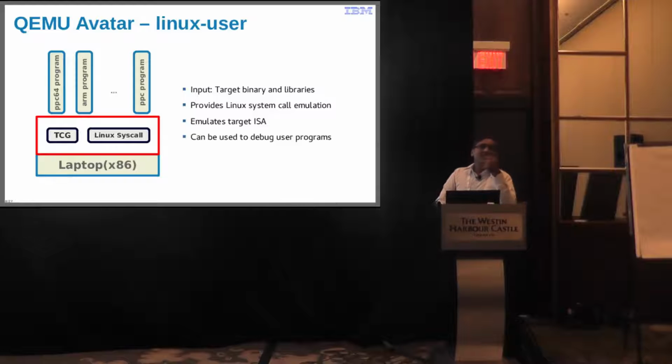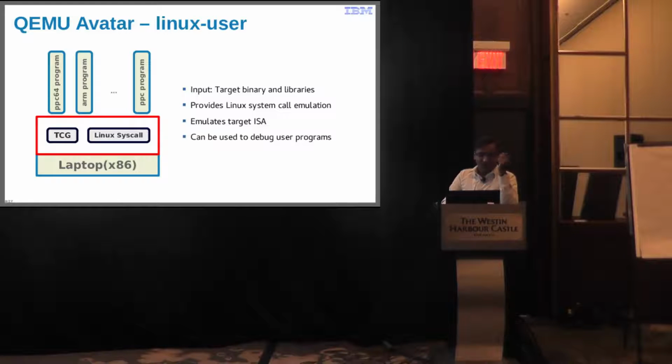What do I input? I input the target binary and the libraries. It provides me the Linux system call emulation, and it emulates the ISA. This can be used for debugging user programs, and I have been using this to test the new ISA 3.0 unit testing, basically the newer code that I am writing.